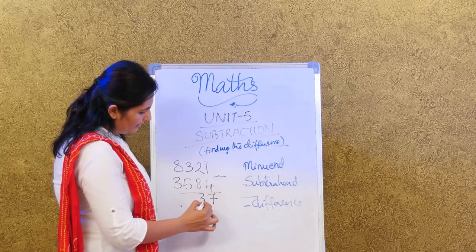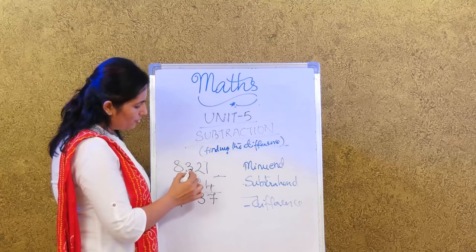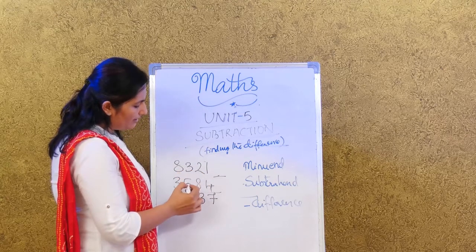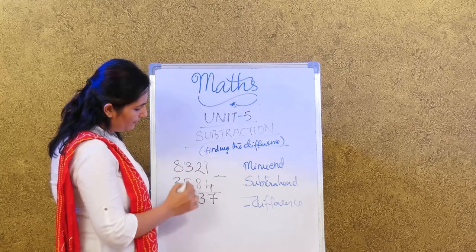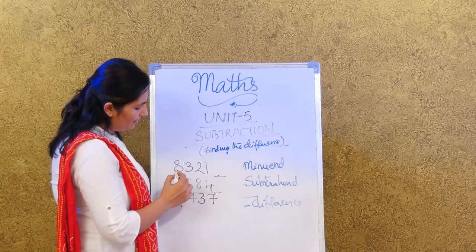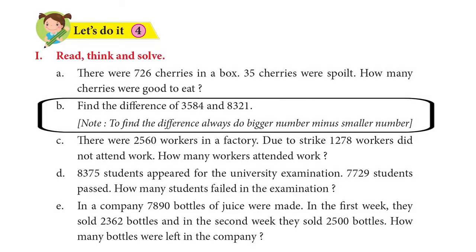This is 3. Then we again borrowed. So, this is 2. 2 is smaller than 5. So, we again borrow 12, 7. Here we borrowed. So, it has become 7. 7 minus 3 is 4. So, 8,321 minus 3,584.